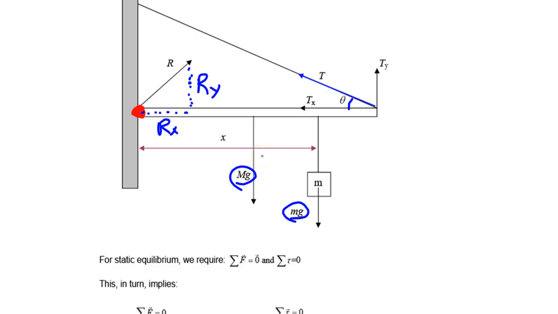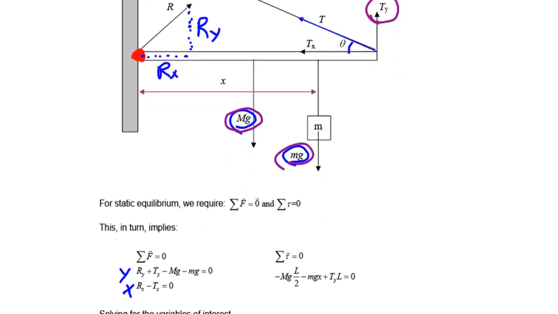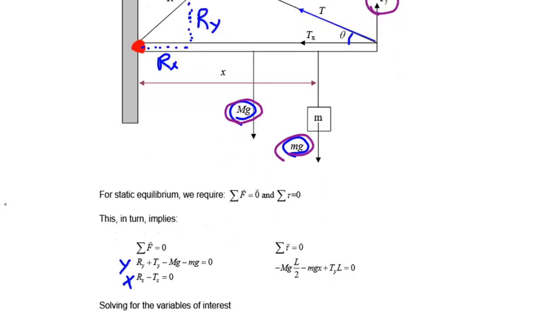So the forces that could apply torque would be the ones that are perpendicular to that moment arm. Now, Ry could not apply torque because it's applied at a distance of 0. I would think about it as being kind of like the force that's holding the end of the bar up and keeping it from sliding down the wall. So our forces that we need to account for with torque are there, circled in purple now.